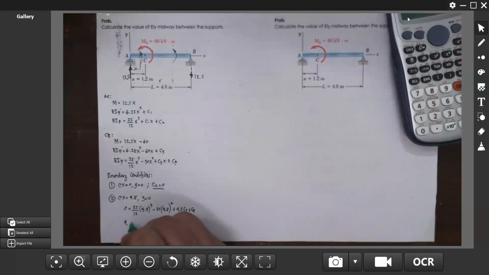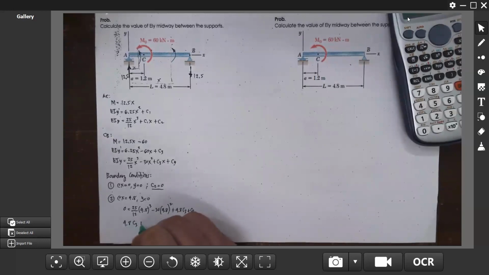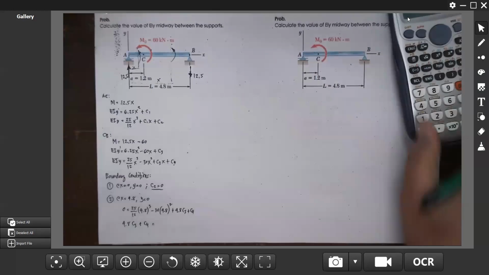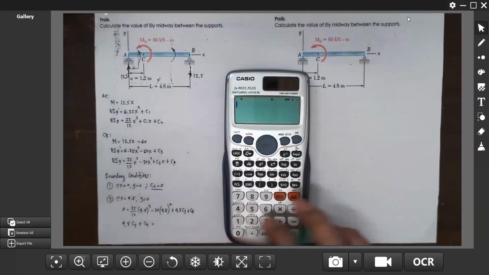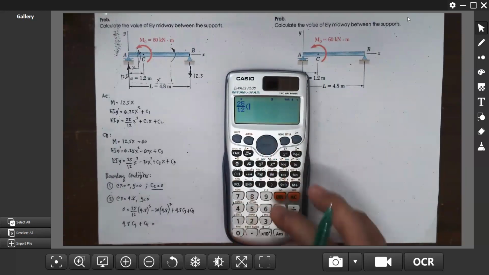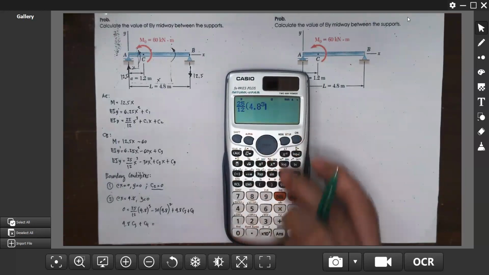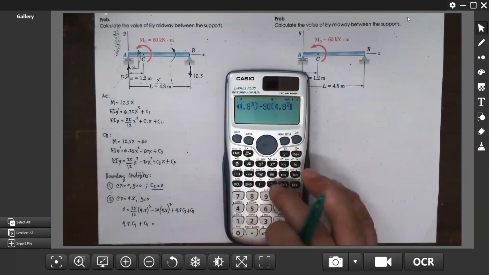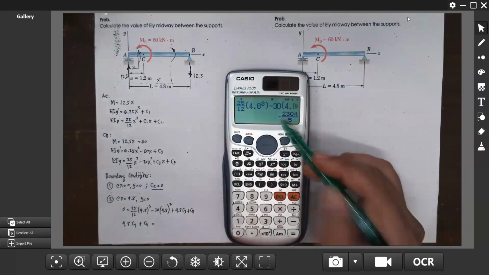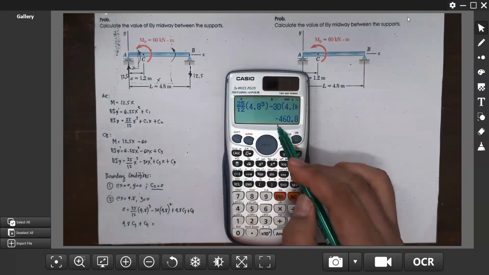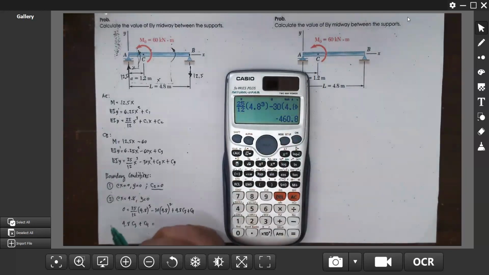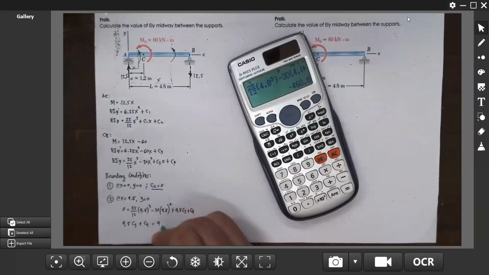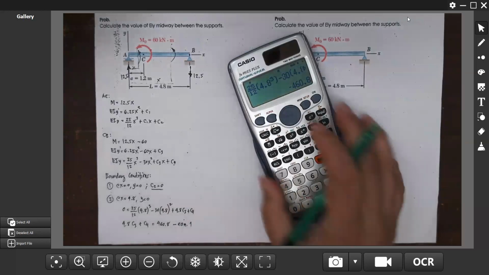So, simplify: 4.8 C3 plus C4 equals 25 over 12 times 4.8 cubed minus 30 times 4.8 squared. Negative, no? Pero i-transpose mo na ito, positive na siya. 460.8. Okay, so this will be our equation 1.